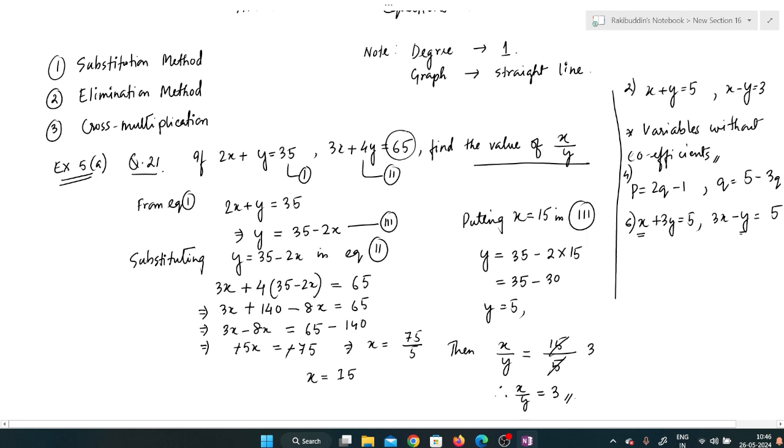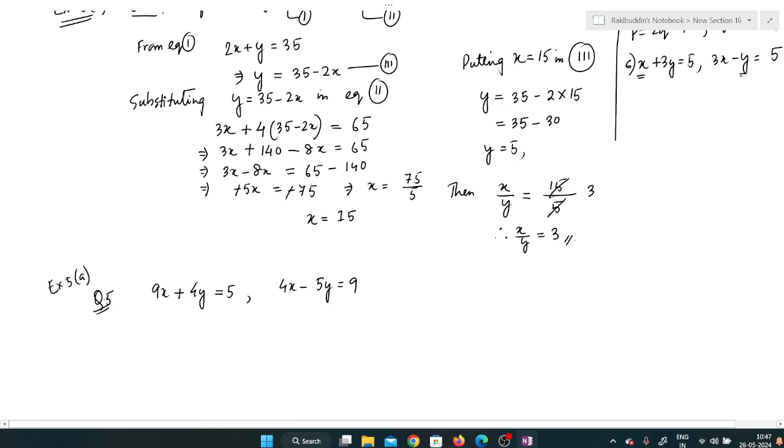If you take equation 2, then you can choose here 3x minus 5 equals to y. Okay, this way you can use the substitution method in this type of questions. But just note, where there are variables without coefficients, it will serve your purpose easily. Okay, I hope this is clear.